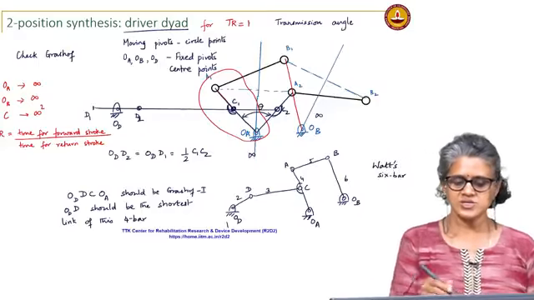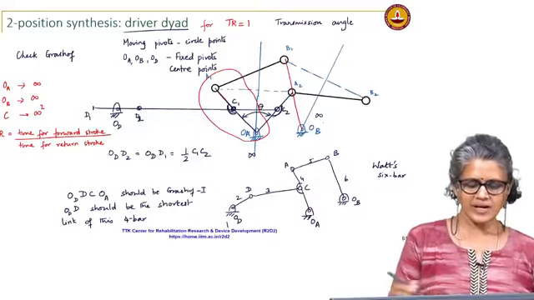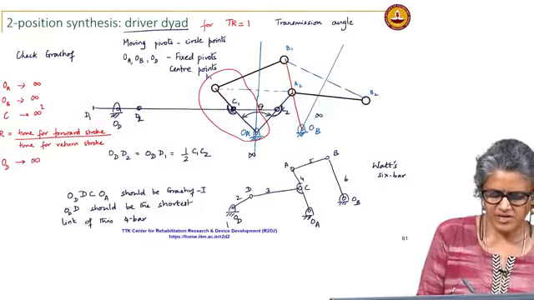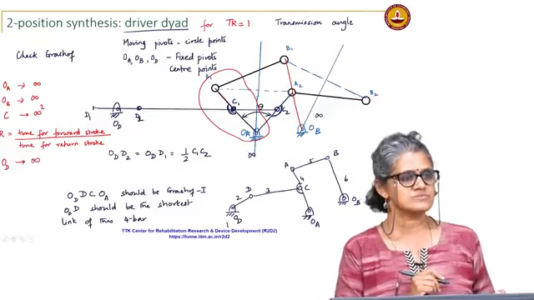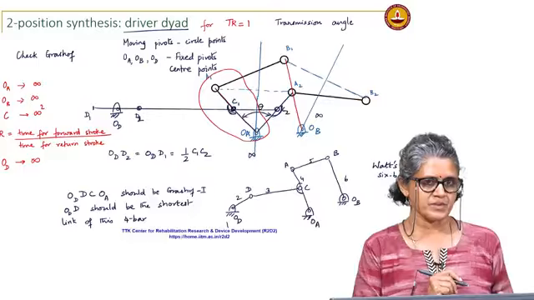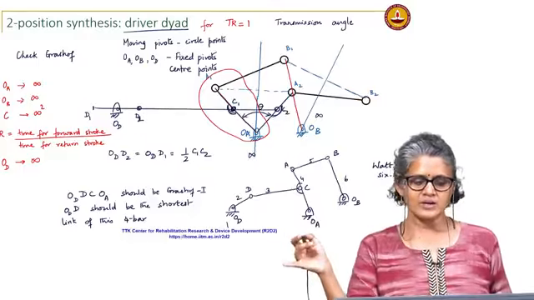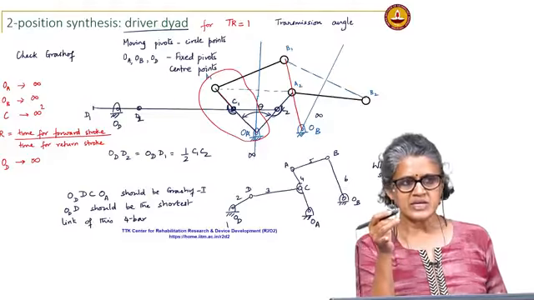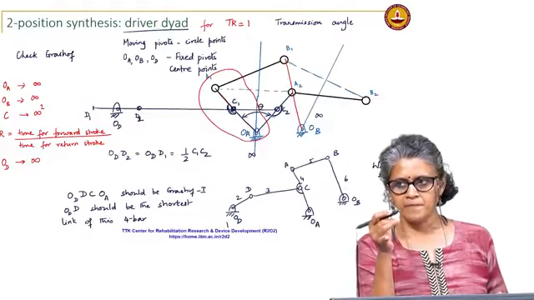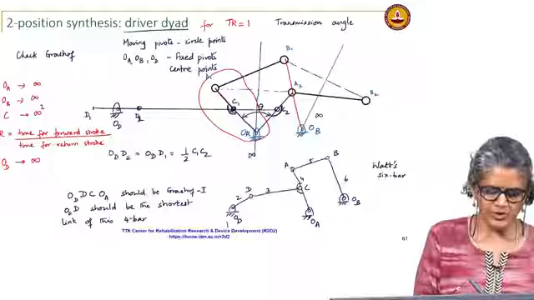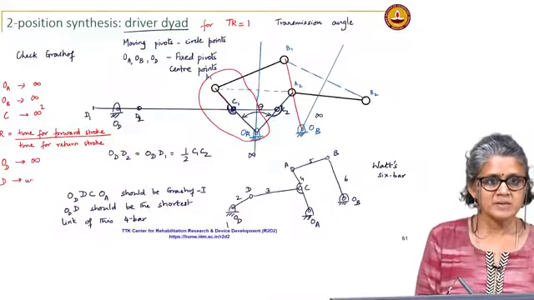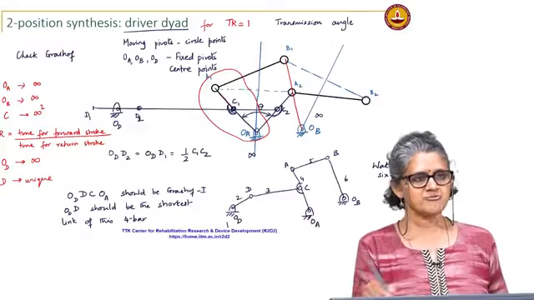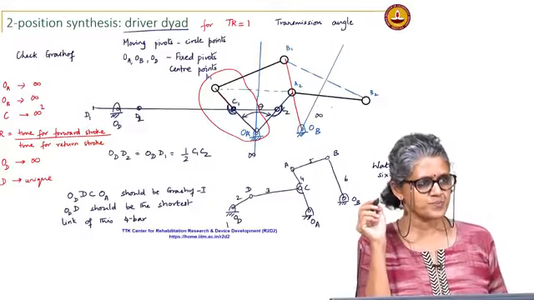So, this OD has to be on that line. Then my choices for OD, I have an infinity of choices. I can choose it anywhere on that line. Once I choose that, do I have a choice for D? No, D is now unique. D becomes unique because it has to be half of C1, C2.